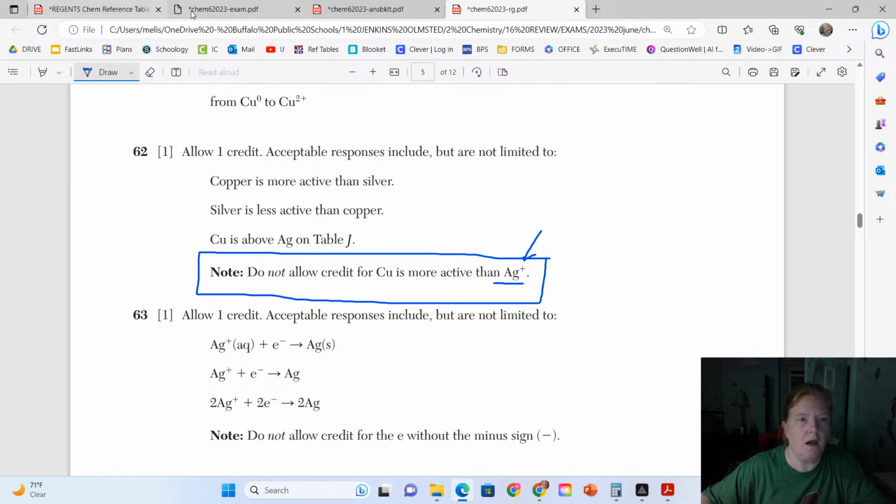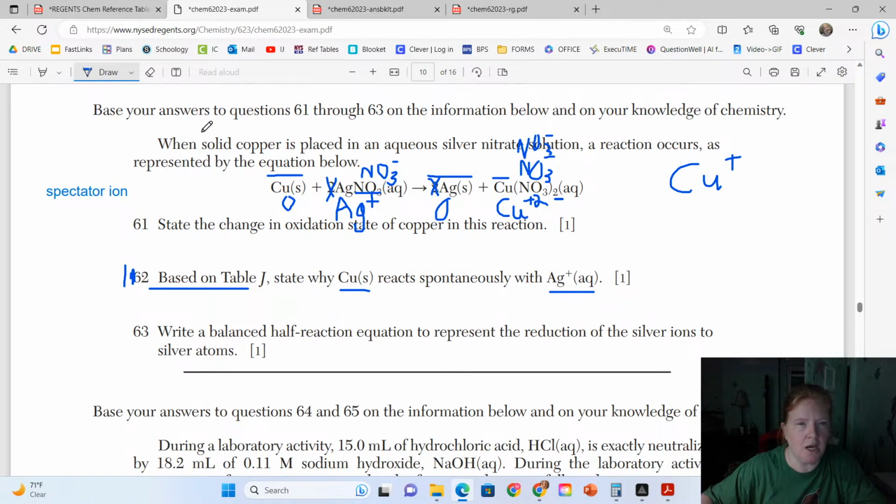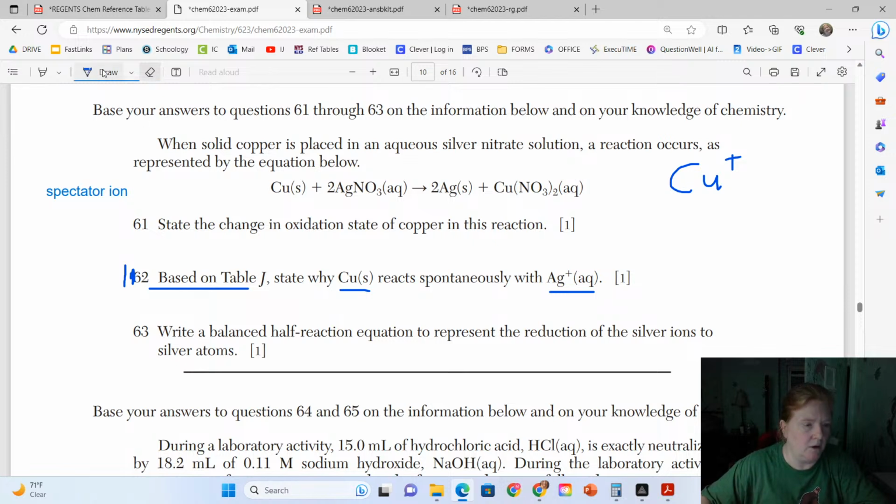Okay. All right. So let me go over this oxidation state again. So I'm going to do that first before I do 63, because 63 kind of relies on 61. So I'm going to erase this and go over it again. Okay. Yes, as long as you did not say the plus.